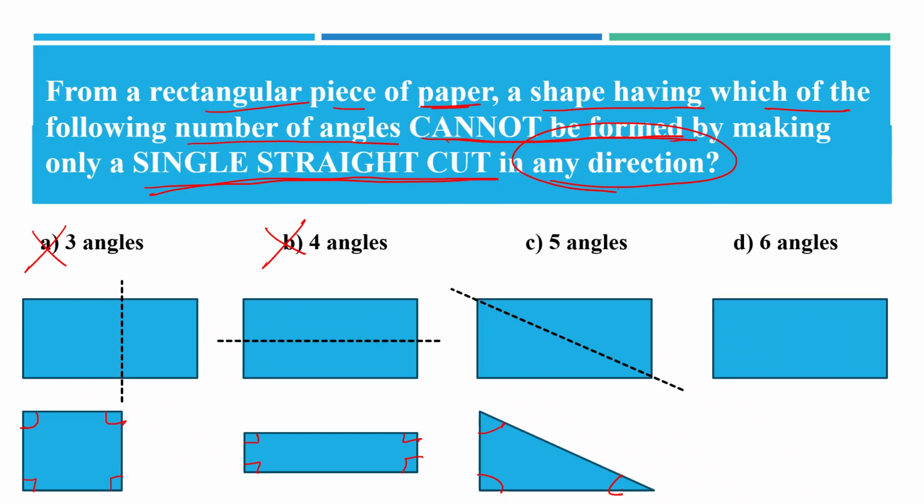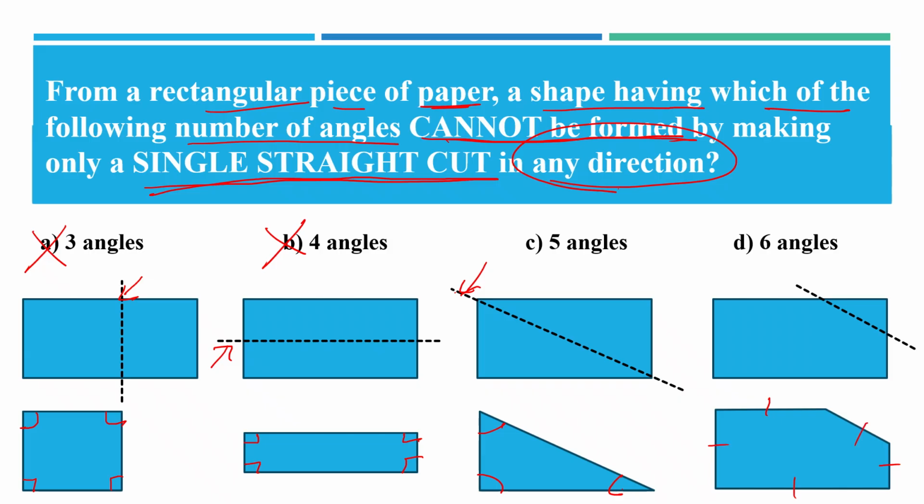Great. So instead of cutting vertically, horizontally, diagonally, this time let me cut a small corner from this rectangle, something like this. As you see, we have a pentagon. A pentagon is a 5-sided figure: 1, 2, 3, 4, 5.